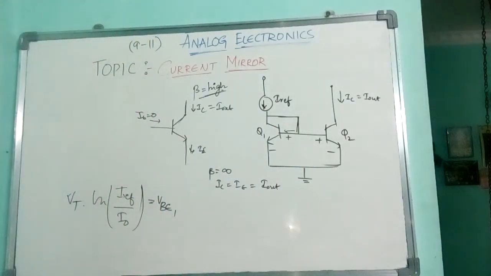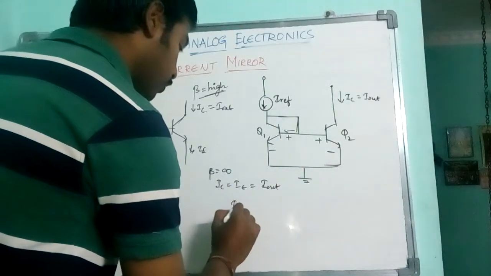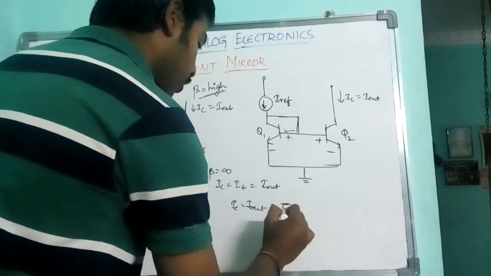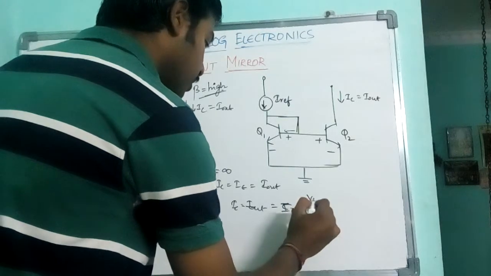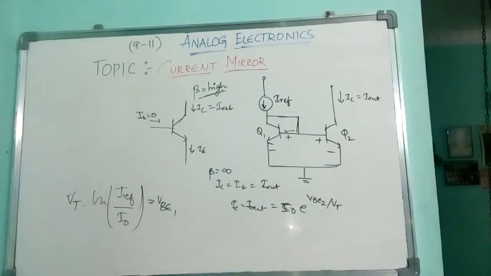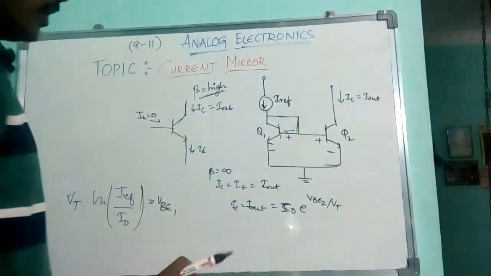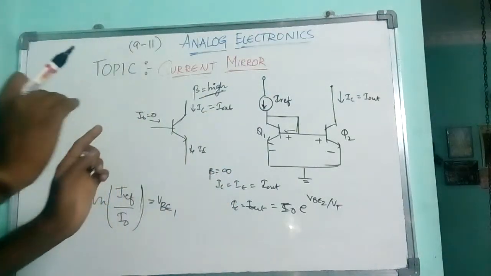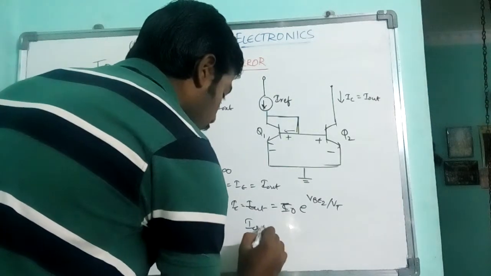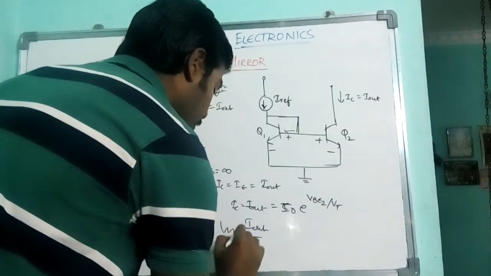Again the same diode equation. IC equal to I out equal to I naught, this won't change, e power VBE2 by VT, this will change. Now I need a relation between I out and that, so I will mention it as I out only. So here I out by I naught, apply logarithm on both the sides.